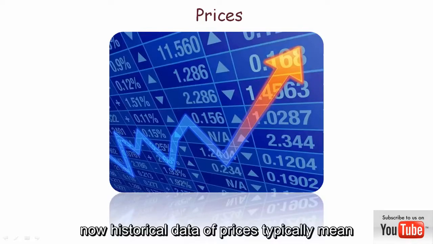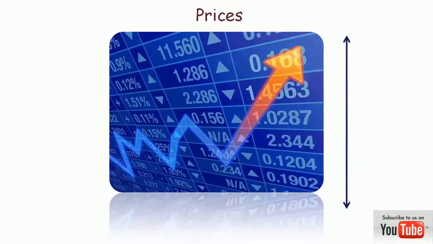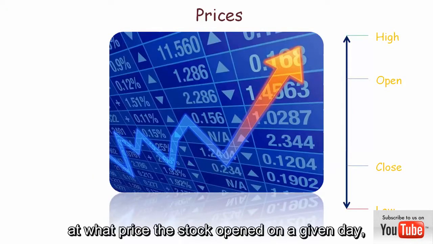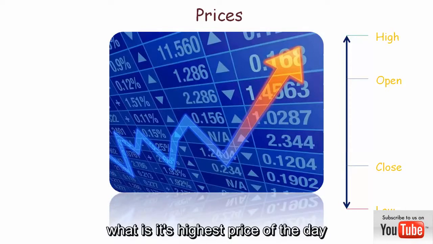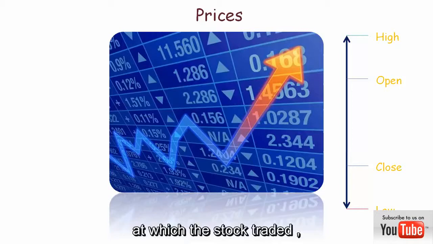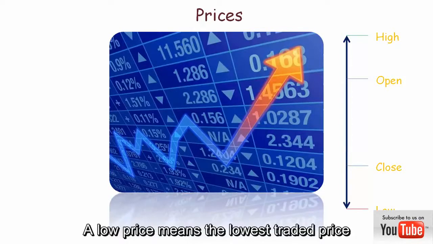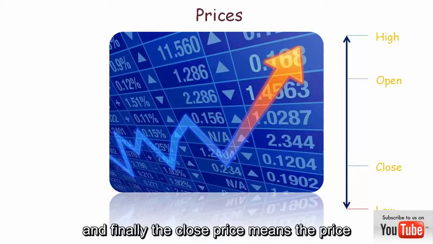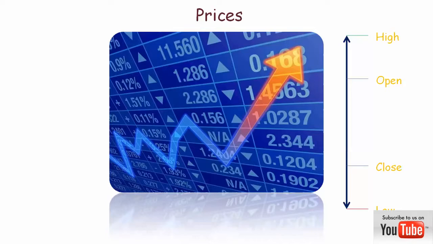Now historical data of prices typically means open, high, low and close, which means at what price the stock opened on a given day, and what is the highest price of the day at which the stock traded. A low price means the lowest traded price, and finally the close price means the price at which the stock closed.